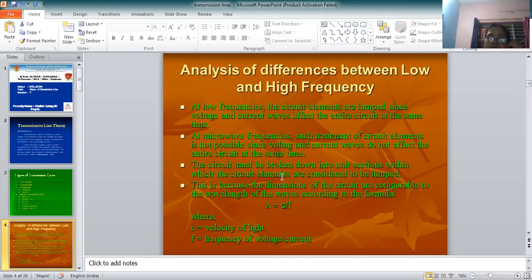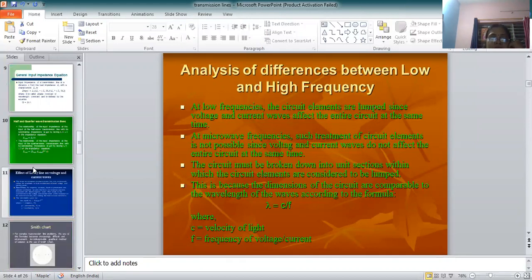The circuit must be broken down into unit sections within which the circuit elements are considered to be lumped. This is because the dimensions of the circuits are comparable to the wavelength of the waves according to the formula lambda = c/f, where lambda is the wavelength, c is the velocity of light, and f is the frequency of voltage and current.